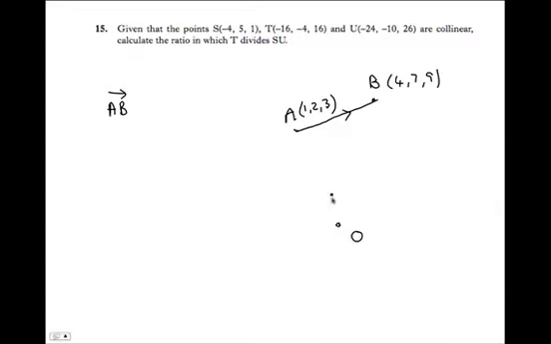The journey we take from the origin out to the point A is called the position vector of point A, and it's denoted by lowercase a with a little line under it.